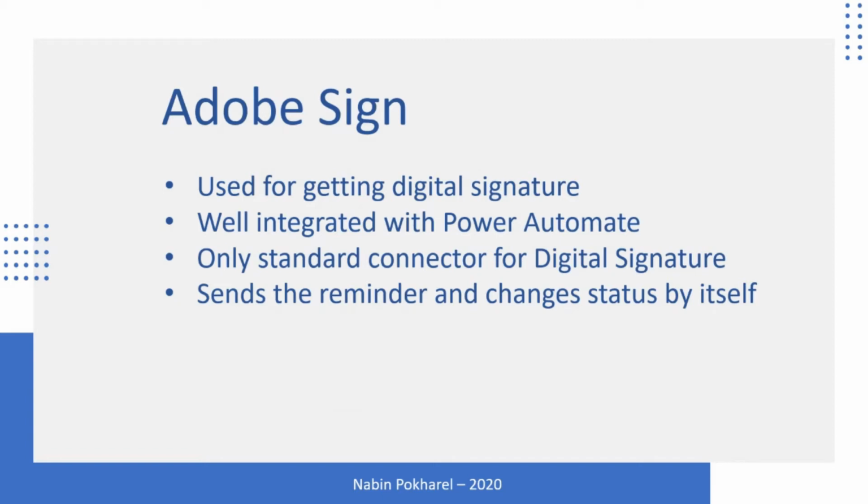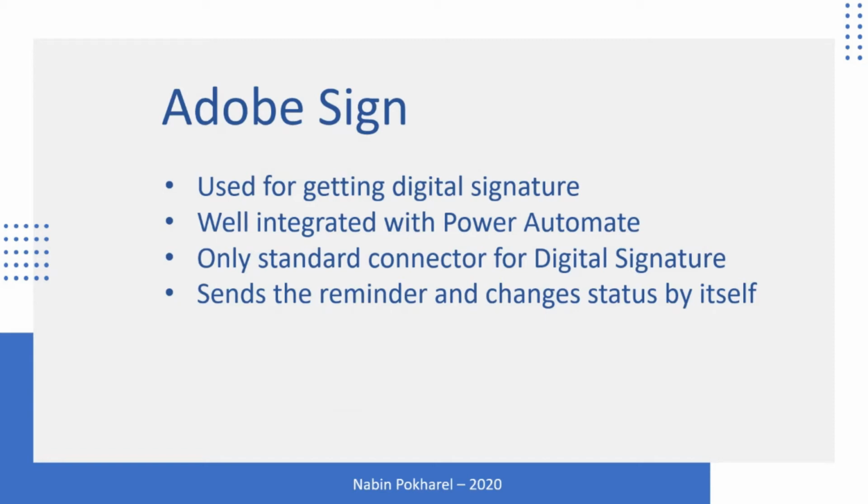Adobe Sign also takes care of reminders and other things by itself, so we don't have to go into details and take control of very small tasks. One thing we need to know is that some companies might be using Adobe Sign for getting digital signatures, but that particular license may not be usable directly in Power Automate.